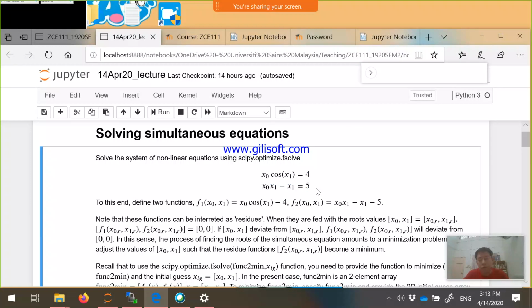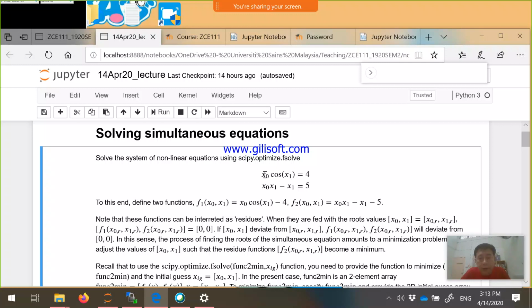So you search around for the values of x0 and x1. You adjust x0 and you adjust the value of x1, such that the error in the process becomes 0.